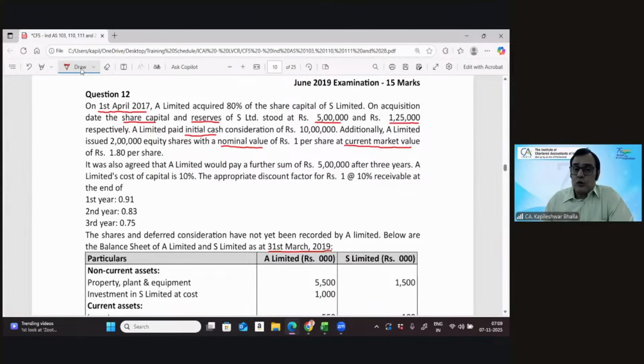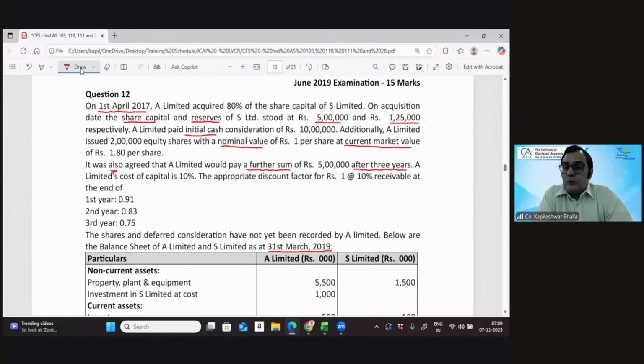It is also agreed that A would pay a further sum of 5 lakhs after a period of 3 years. Now, a payment after 3 years could be a deferred consideration or a contingent consideration. If it is dependent upon conditions, it could be a contingent consideration, but if it is not, it is a DC.